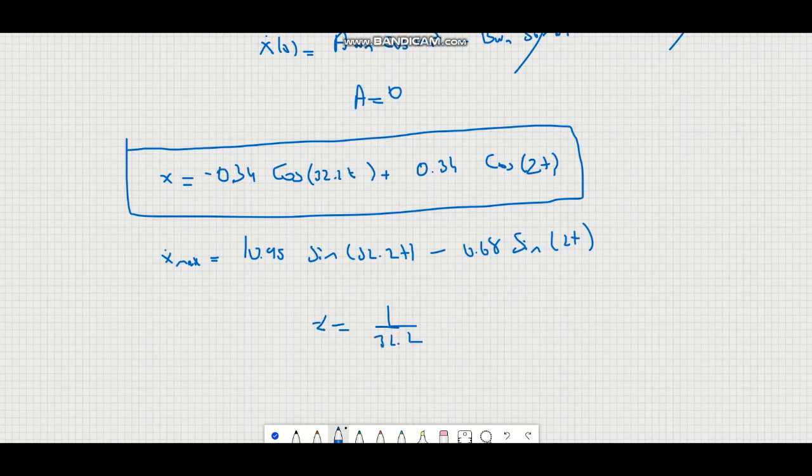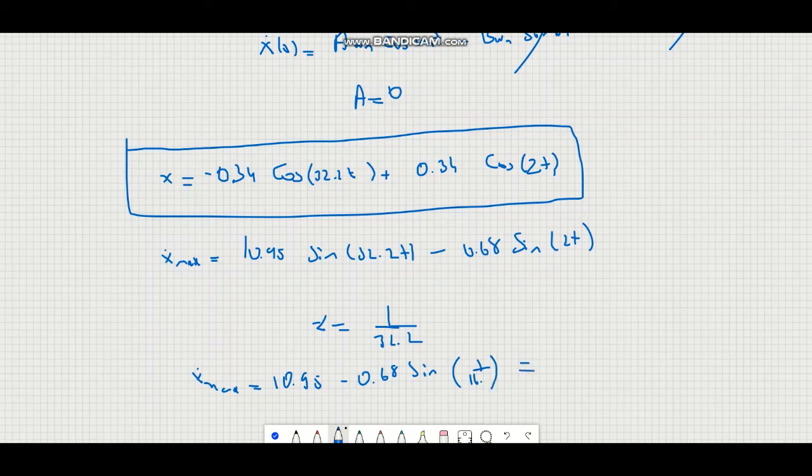So x max is going to be equal to 10.95, because we want to maximize this positive term, then minus 0.68 sine 2t, which is about 0.04, calculating in radians.